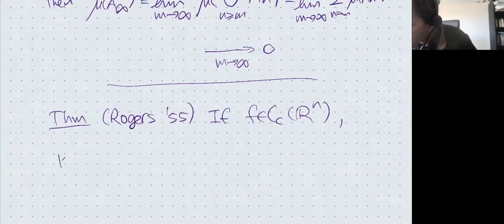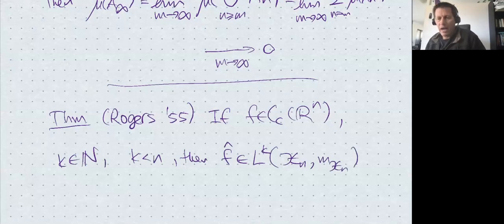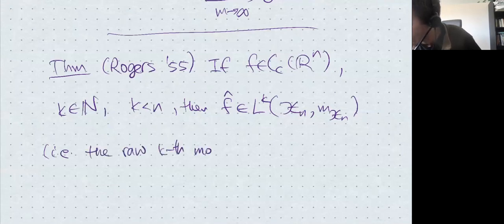k is a positive integer less than n. n is the dimension. Then the Siegel transform f hat belongs to L^k. So in other words, the kth power of f hat is integrable, or in words, the raw kth moment of f hat is finite.